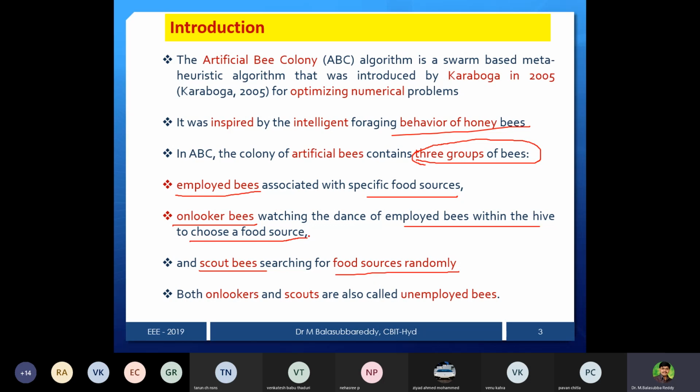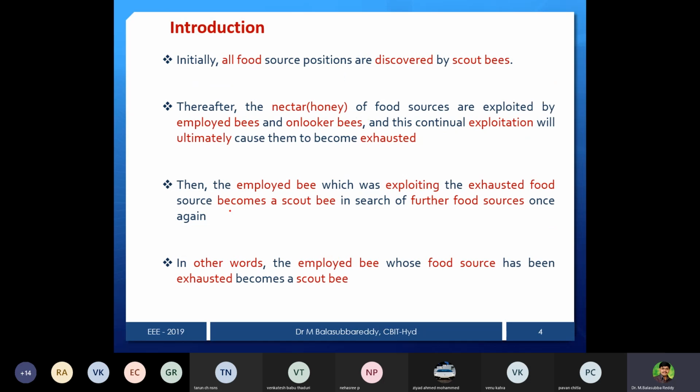So the total group of honeybees is divided into employed bees, onlooker bees, and scout bees. Both onlooker bees and scout bees are also called unemployed bees, while employed bees are associated with a specific food source.